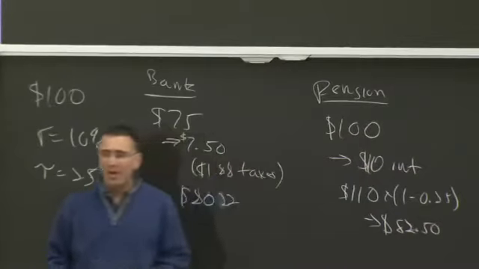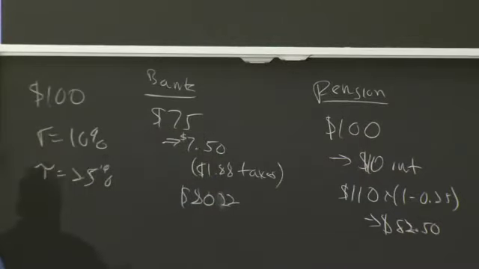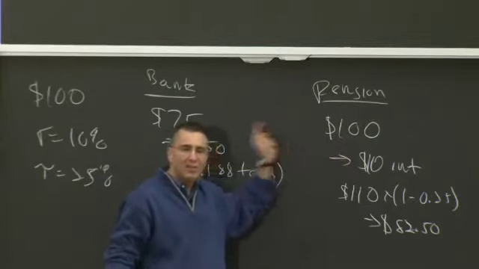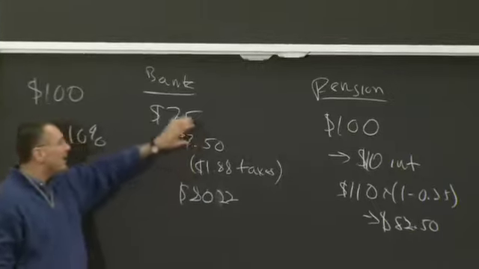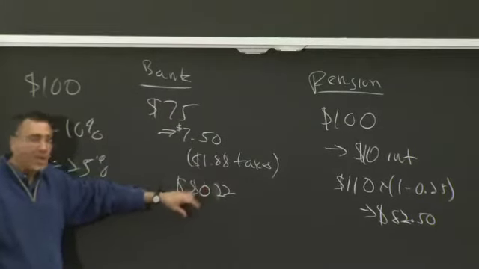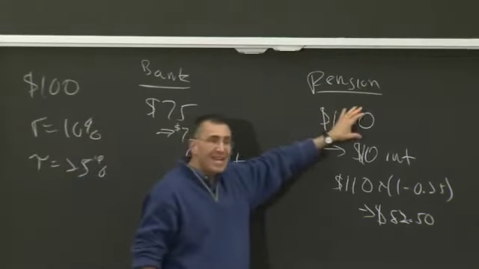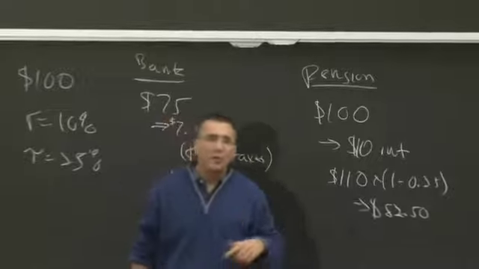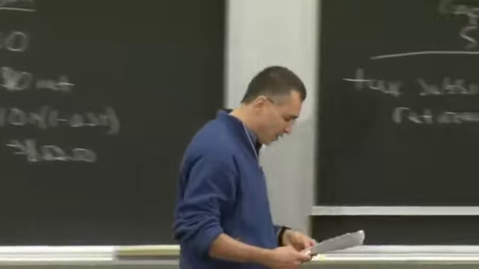He ends up with more money, even though it's just paying taxes 1 year later. The reason is that he got to earn the interest on the taxes instead of the government earning it. Here he pays taxes up front, so he has less to save and ends up with less. Here, by paying taxes later, he earns interest on that extra money and ends up with more. So by deferring taxes, he's effectively richer.